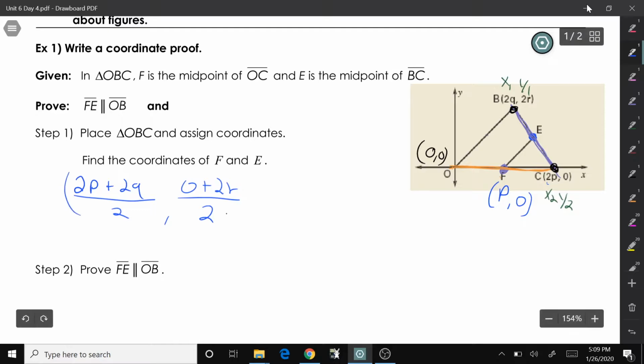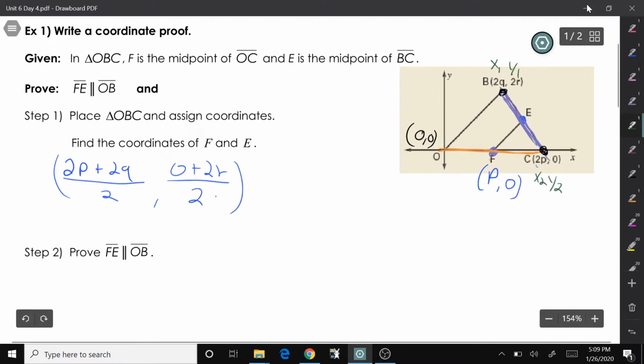That will be the midpoint of BC right here. So when we do that, we can't simplify this. This P and Q, we can't combine those, but everything is divisible by 2.